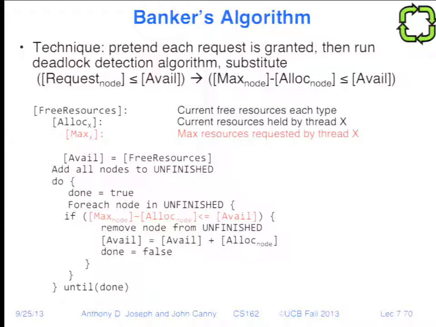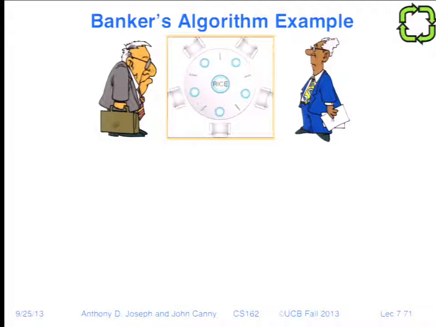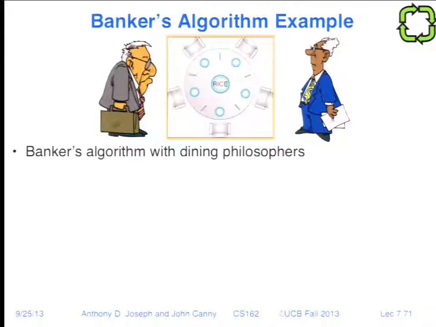Okay, so, all right. Applying that to the dining philosophers problem. You'll recall we had effectively five threads and five chopsticks that we want to allocate.